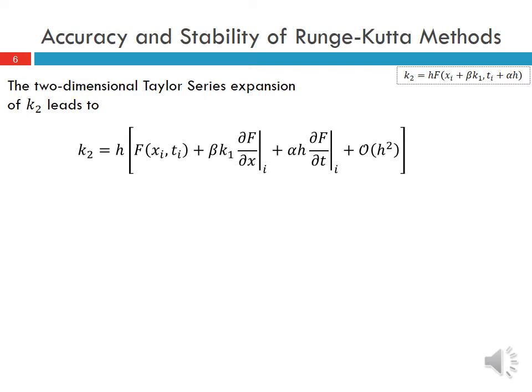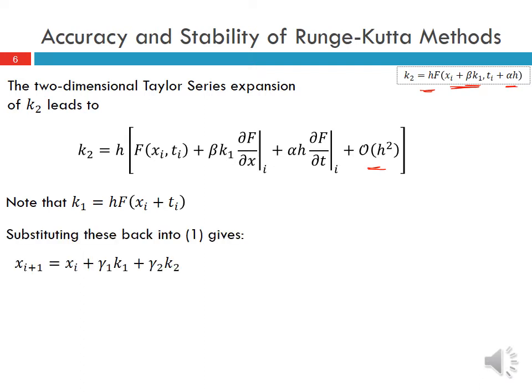If you recall, k2 is shown here, and we can do this expansion because x is at the point beta k1 away from x_i, and t is at alpha h away from t_i. Really we're just writing down the first couple of terms, keeping the order h squared term here. And we also note that k1 is equal to h f_i t_i.